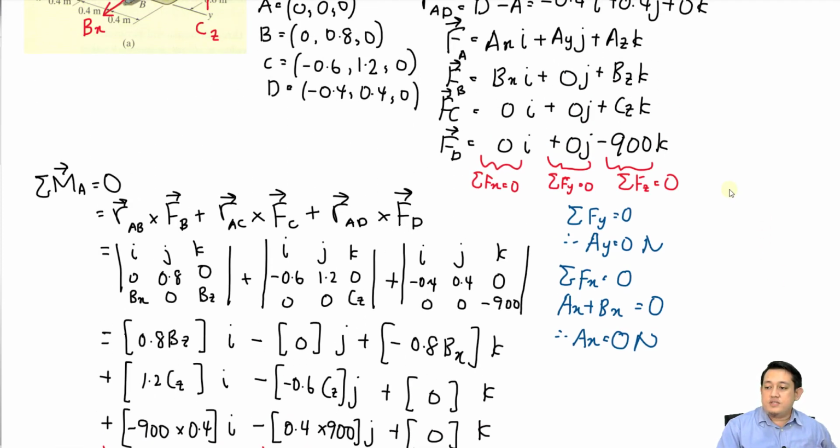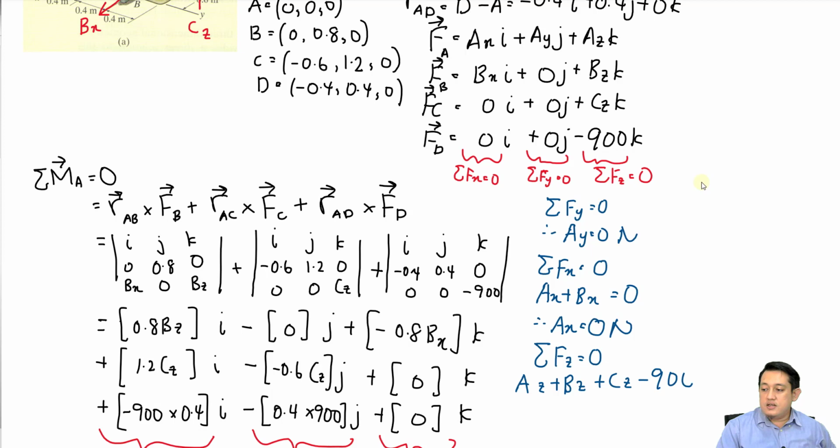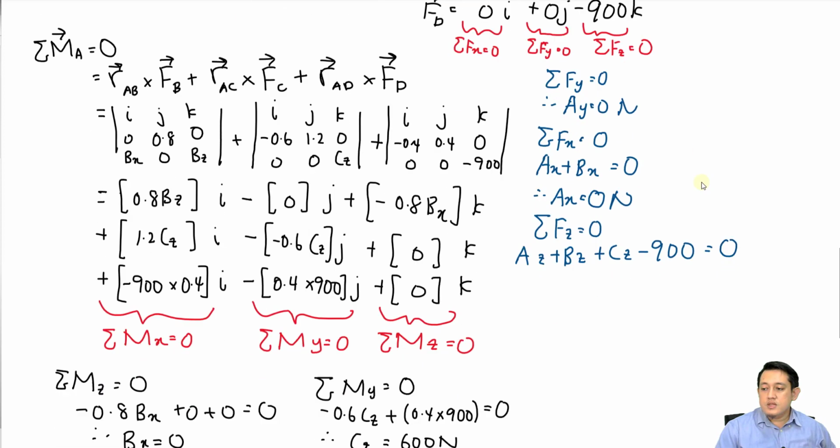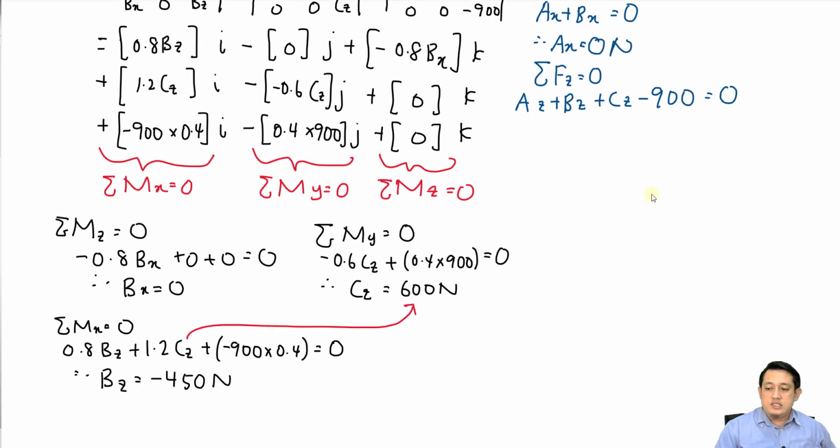Next, total of Fz equals 0. So we have Az plus Bz plus Cz minus 900 equals 0. And we have all the values of Bz and also Cz already. So let's insert the values.